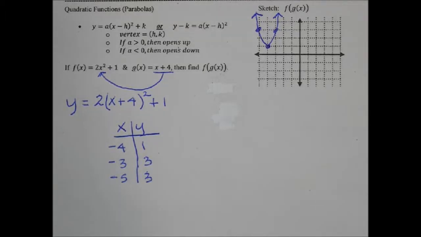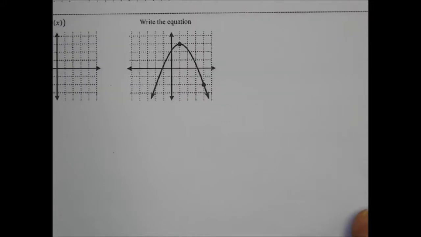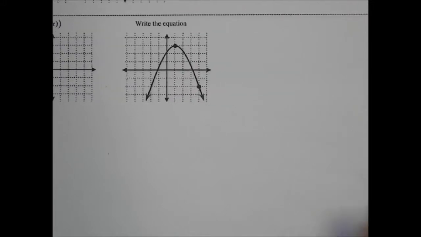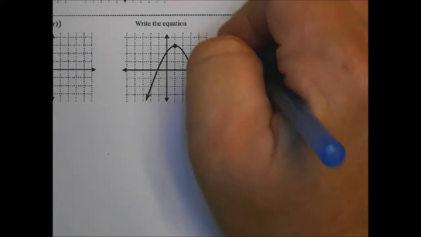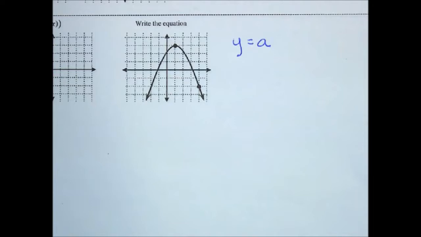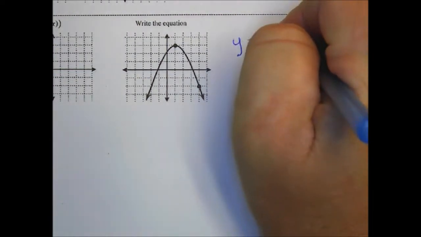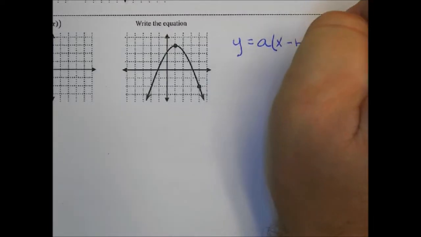Now, staying with quadratics, we're going to go the other way around. What if we know what the graph looks like? Write the equation to fit this graph. Well, let's start off with the parent function: y equals a times (x minus h) quantity squared plus k.